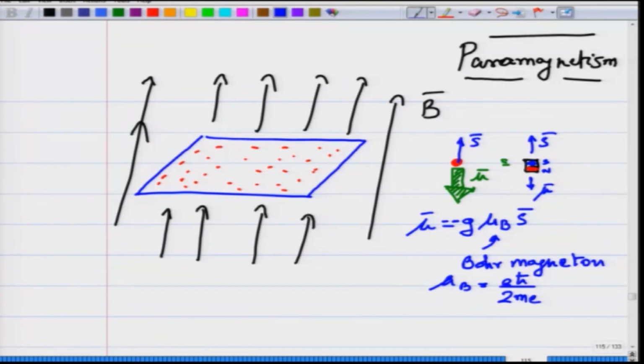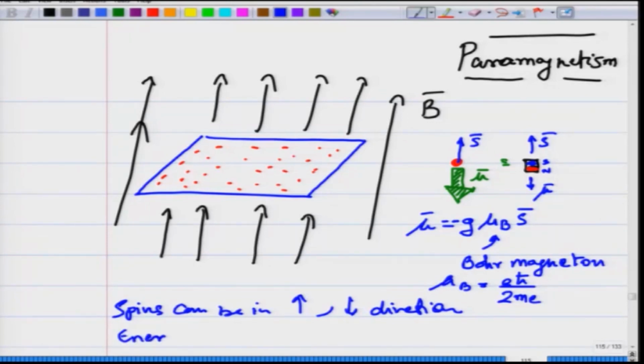So, each electron in the metal is like a small bar magnet which you have placed in a magnetic field, and there are both types of spins. Spins can be in up and down direction. And what is the energy of an electron in a magnetic field?